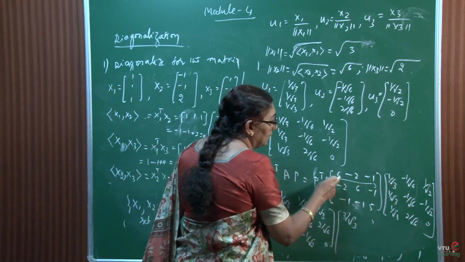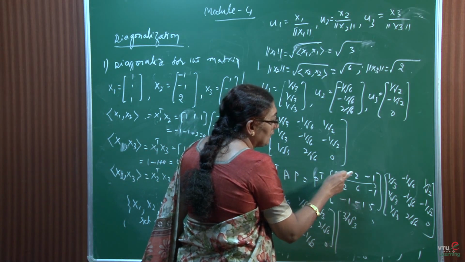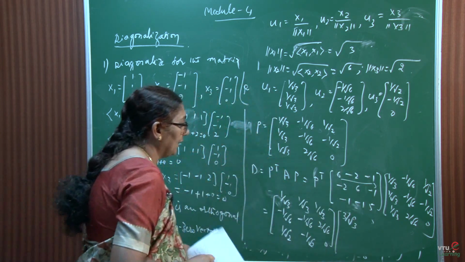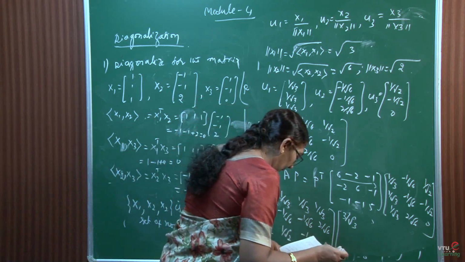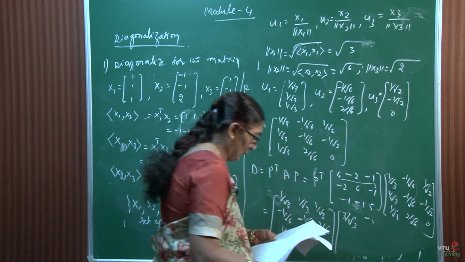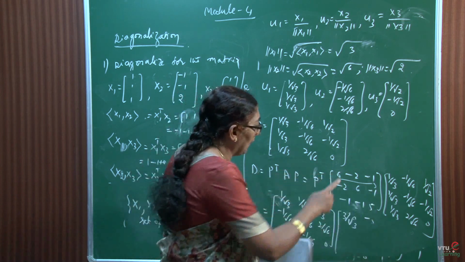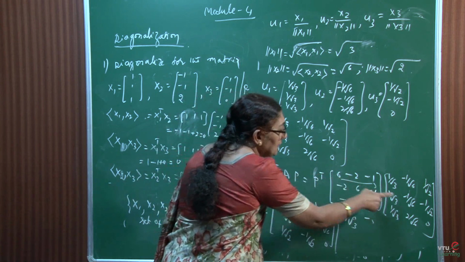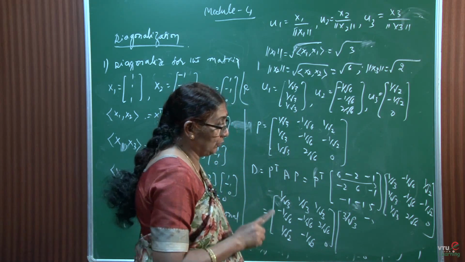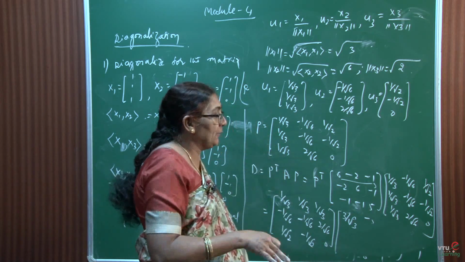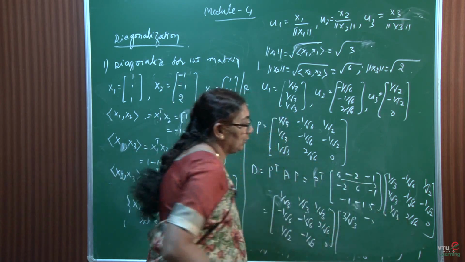Multiply row into column. 6 by root 6, minus 2 by root 6, minus 2 by root 6. We get minus 6 by root 6. Why? Observe carefully: minus 6 by root 6, minus into minus plus 2 by root 6, minus 2 by root 6, plus 2 by root 6, minus 2 by root 6 cancel.